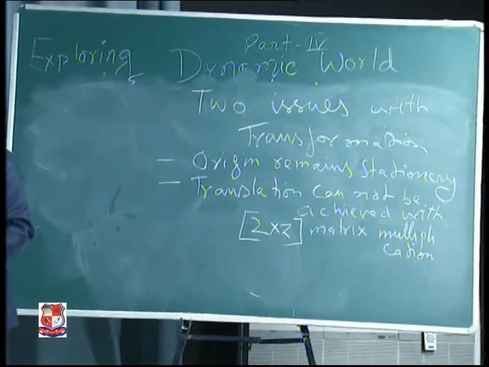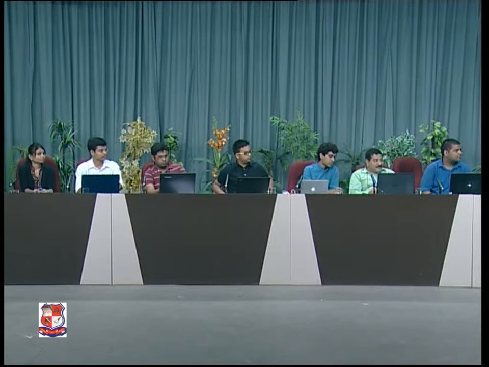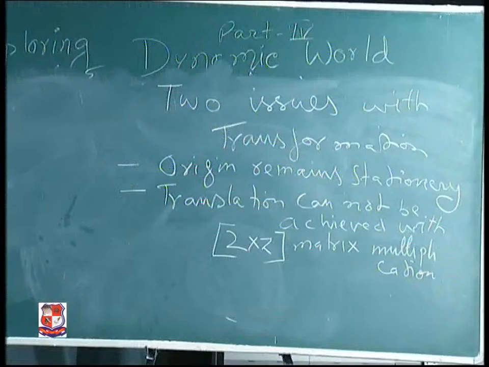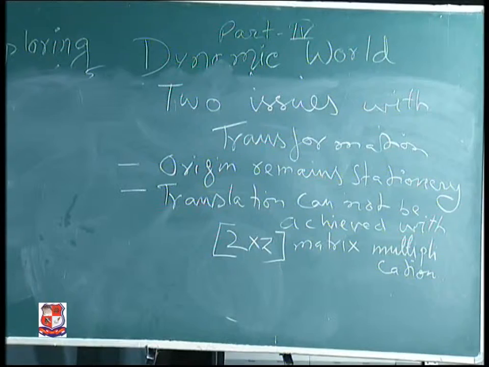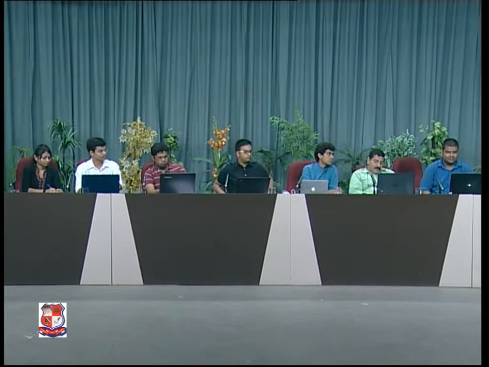So, Möbius, I think in 1857, he introduced a special coordinate system, that is called the homogeneous coordinate system.